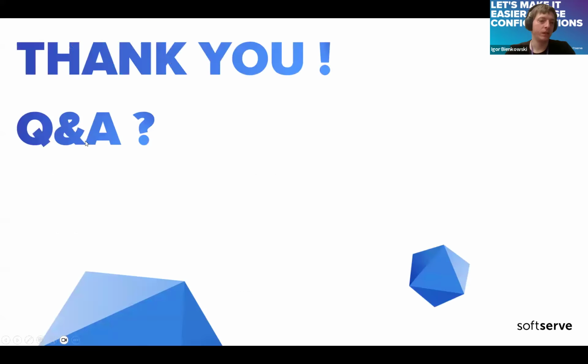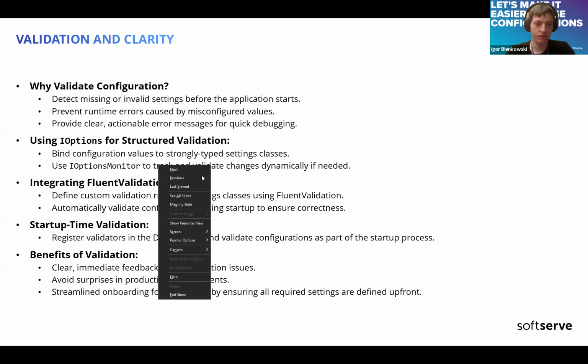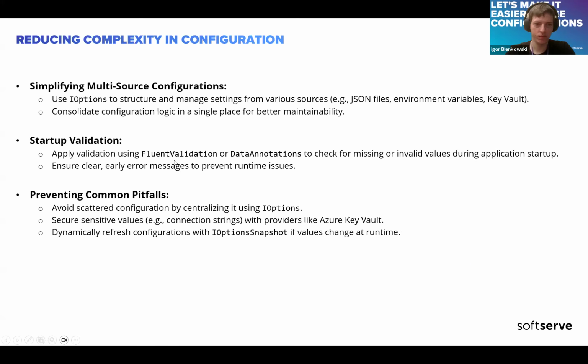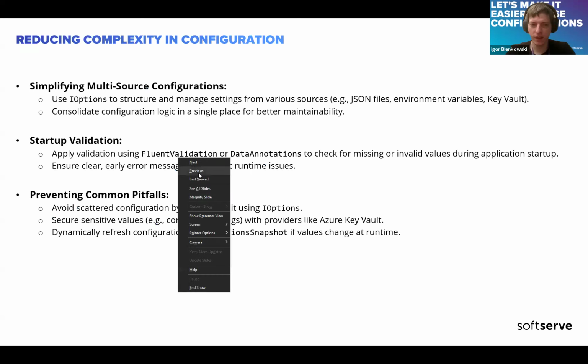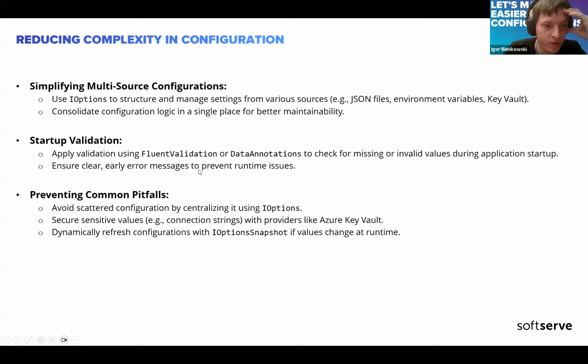We might use a thing that is called, I think by mistake I went a few slides forward, but okay, let's get back. We can simplify multi-source configurations by using IOptions.